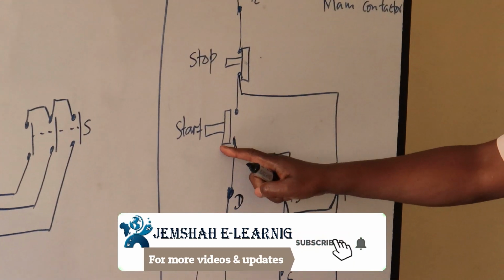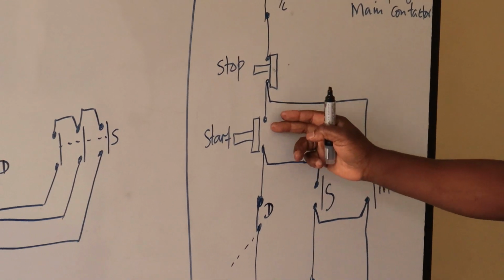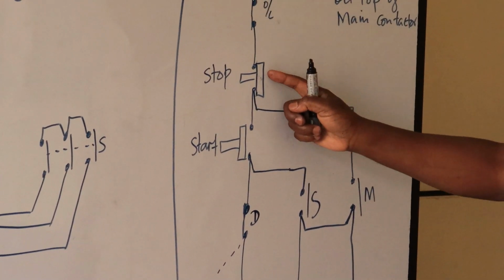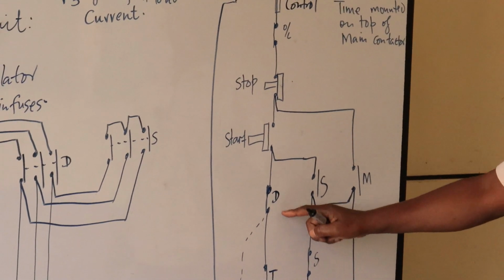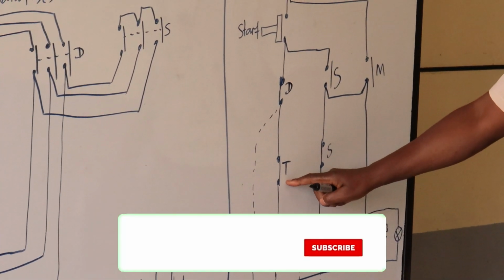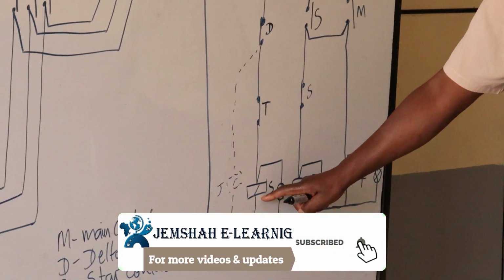When you push your start button, this path here is available. When the start button is making, the feed will flow from the L through the stop, through now the starter, delta contact, normally not energized, the timer, the timing has not yet ended, and then your star contactor is energized.